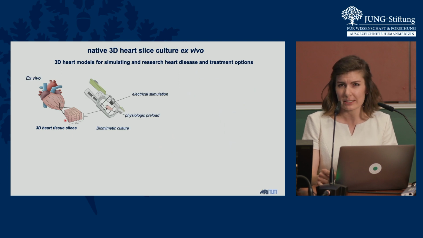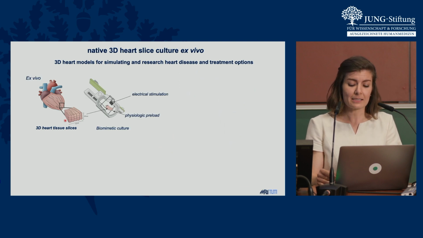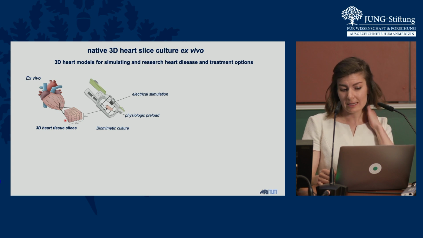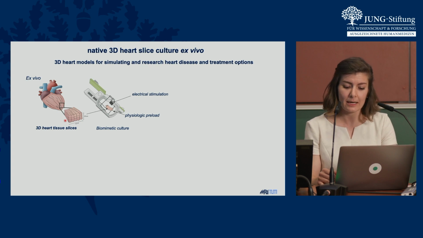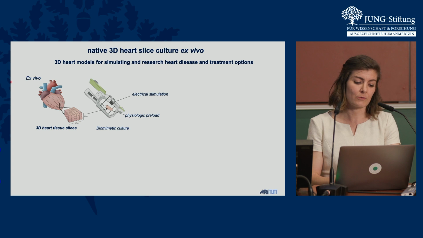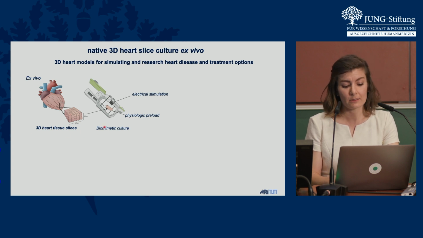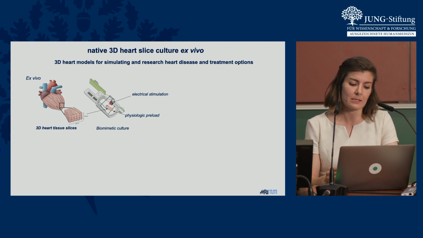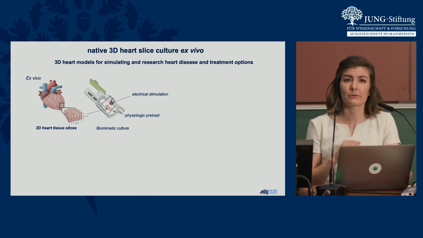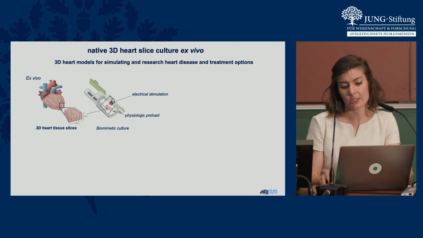Actually, our collaborator, Andreas Dendorfer from the Walter Brendel Institute in Munich, established a system that allows the cultivation of native heart tissue slices by subjecting them to biomimetic culture conditions that are characterized by the application of a physiologic preload and a continuous electrical stimulation.